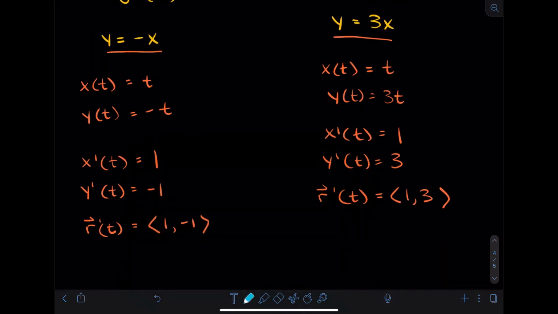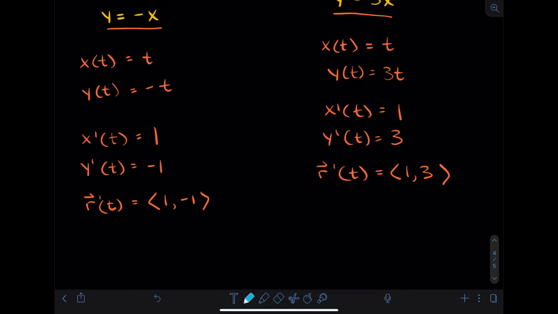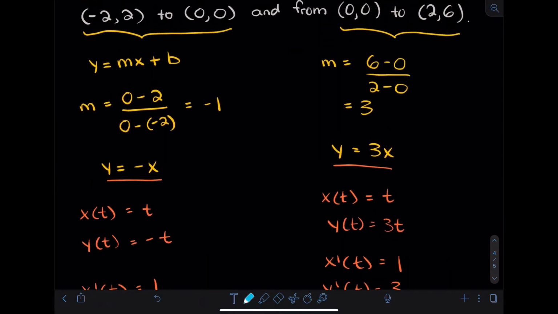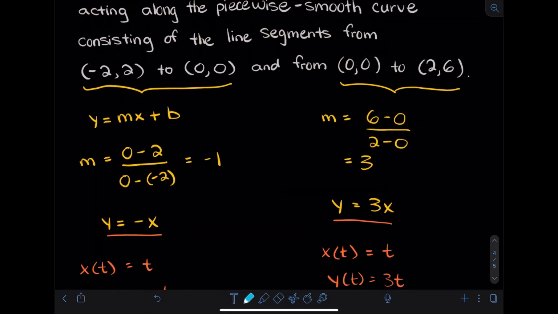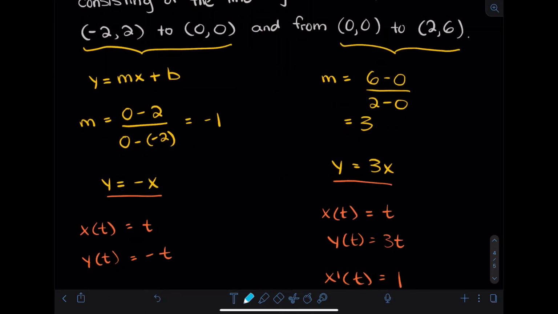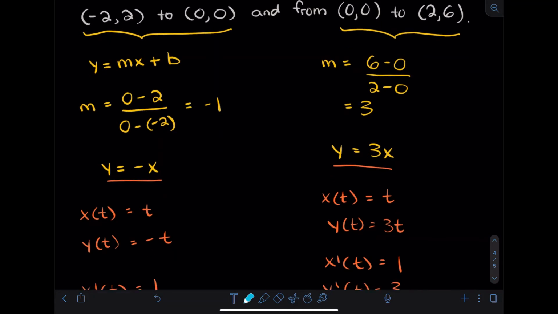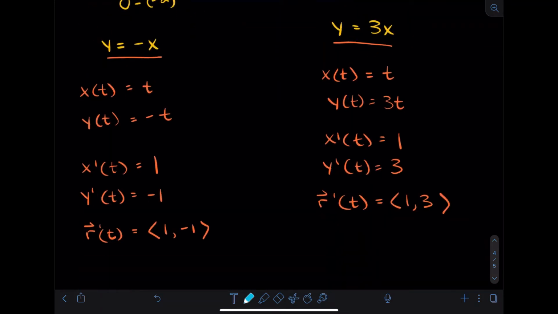The other thing here that's very important is we have to think about our bounds. As we were looking at an example before, they gave us a lot of different points, which we did need in this question because we had to actually find the equation. But when we're talking about the bounds, we don't need all those points. We just want to have bounds in terms of t. Now again, it's very nice for us because in both cases, we have x just equaling t.